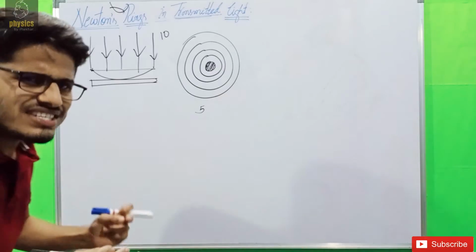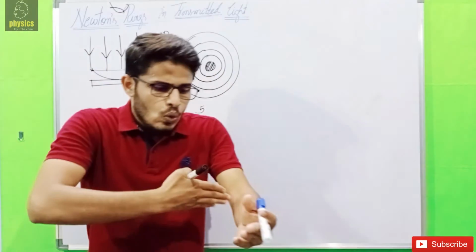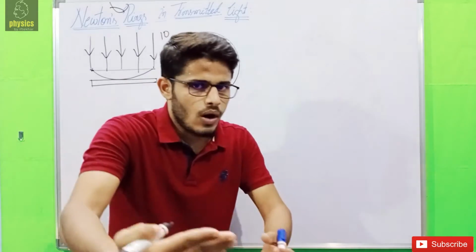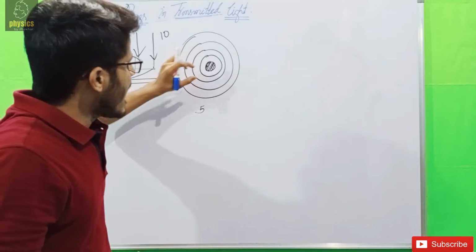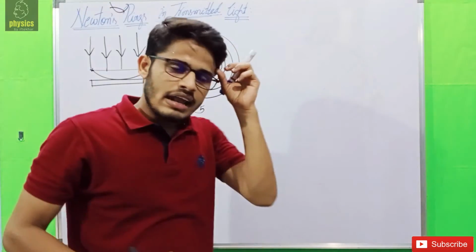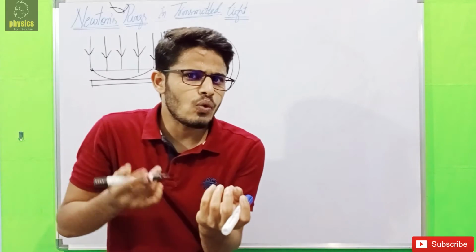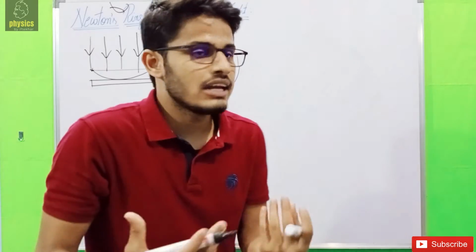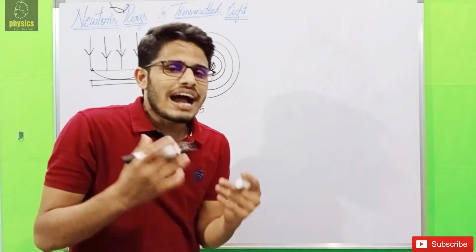So the question here is, I am sending light with 10 intensity, but the interference pattern, the Newton's ring, has only half of the light present in my reflected Newton's ring. So where has the 50% of the intensity of incident light gone?